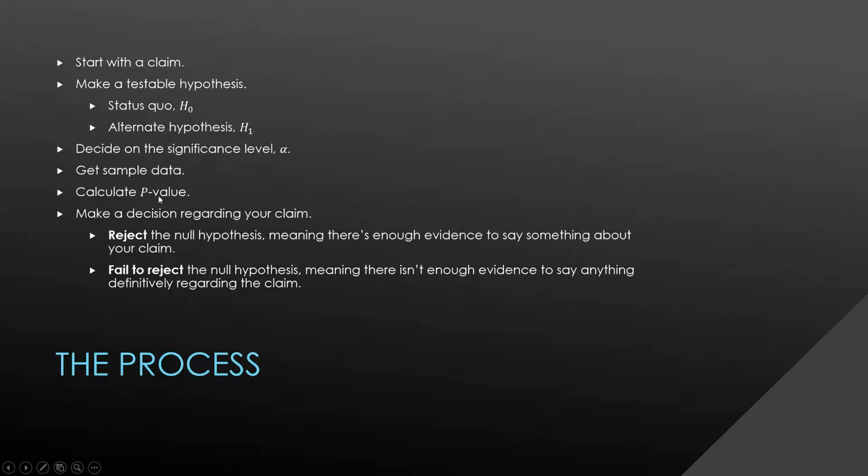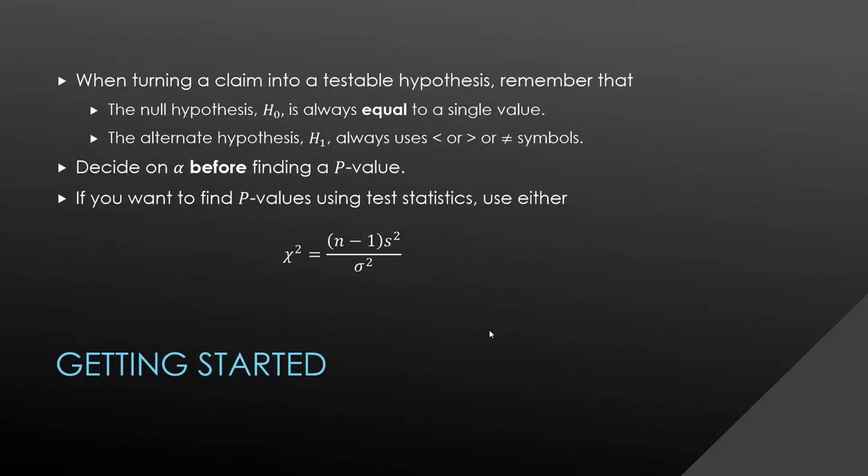We're going to get sample data. We're going to calculate test statistics. We'll generate p-values using technology. We'll decide to reject or fail to reject our null hypothesis, giving us something or perhaps not something to say about the original claim. So that whole process, start to finish, is unchanged.